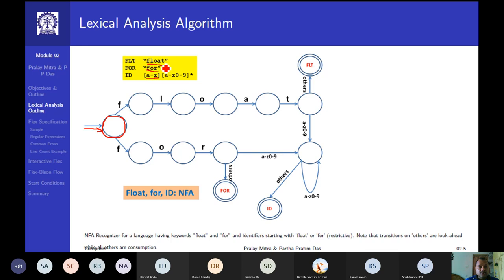So you see that float is a token class I am considering for the time being. The name of the token class I will call, say, FLT. For is another token class, say FOR. In your programming and data structure class in C language, you have seen that float and for are reserved keywords.